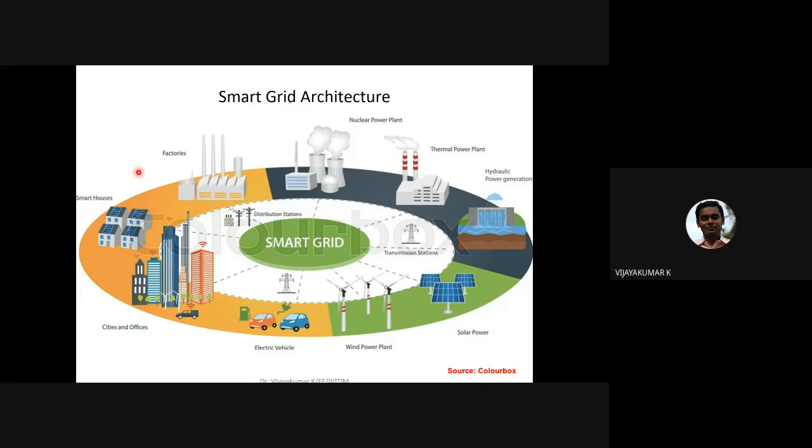Demand response management algorithms are possible in homes, and not only homes, even big offices and factories. Because of this demand response management algorithm, you can save the energy. At the same time, you can shift the loads from peak hours to off-peak periods. In off-peak periods, your electricity price is low.